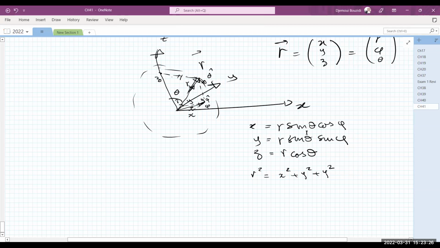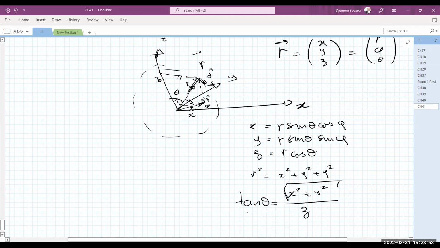Another useful relationship in here: if you take x squared plus y squared under the square root, you will end up with r sine theta, because cos squared plus sin squared is 1. And when you divide it by z, you can clearly see that the r cancels and you will be left with sine over cosine. So this is your tangent theta.